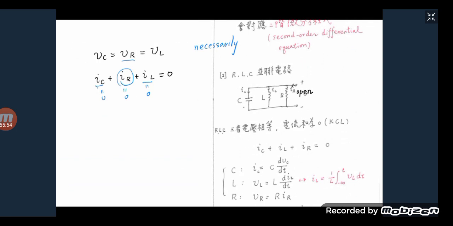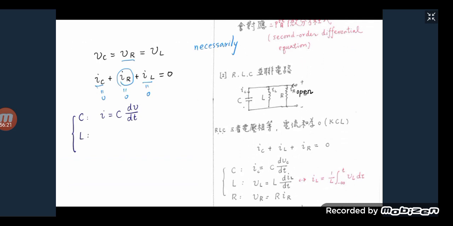So we can create several equations. But in the beginning we have to write down the relationship between V and i for the three components. For C, it's I is equal to C dV over dt, right?